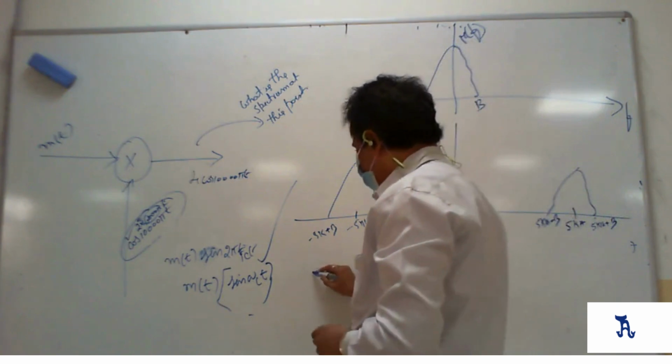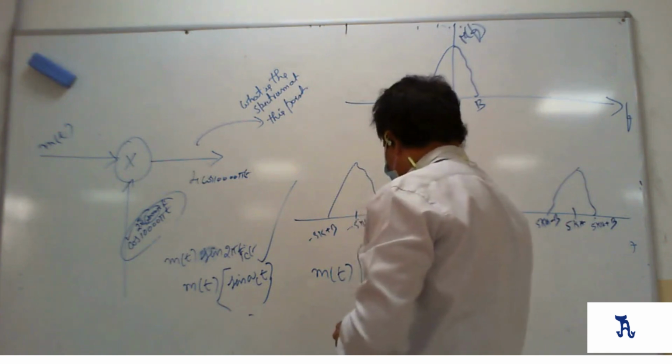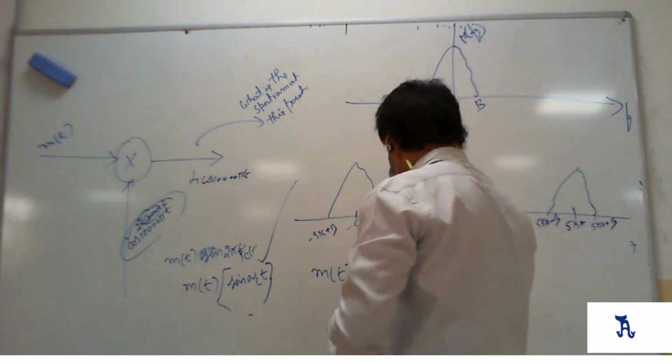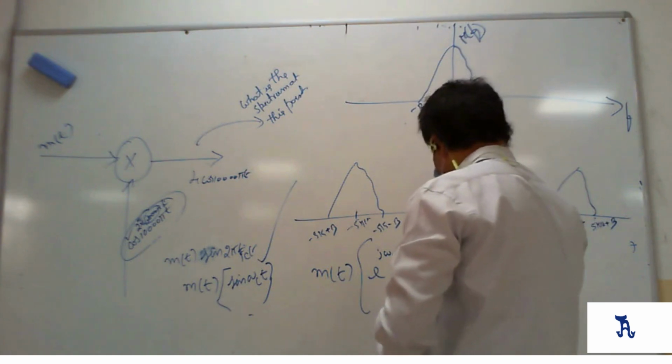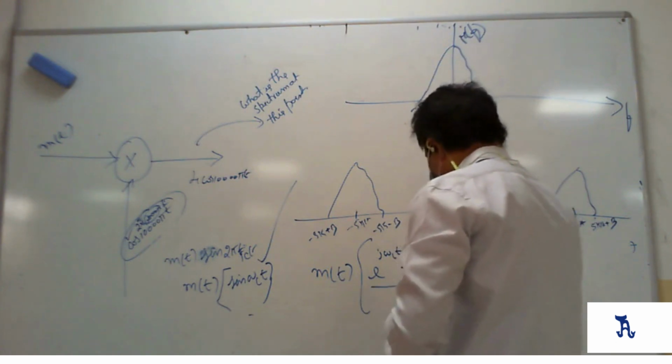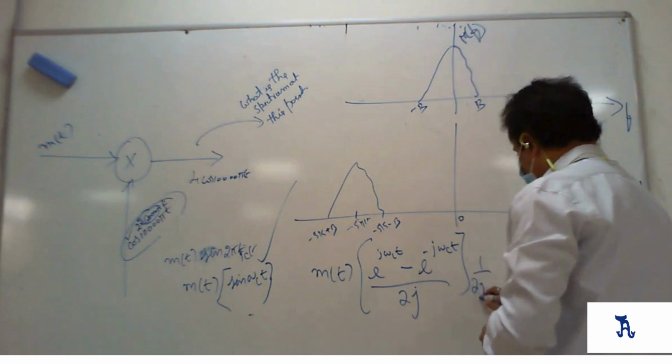Now see here, this will be m of t into e to the power of j omega c t minus, divided by 2j. I'll take this 1 by 2j outside.